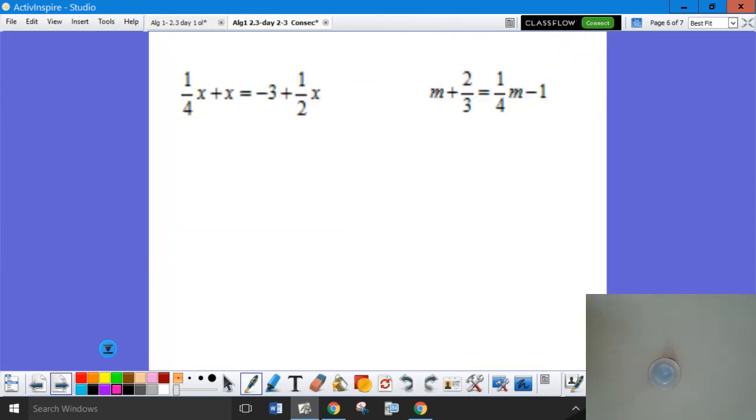Okay, so I'm going to give you a second to think about what's my common denominator of 4 and 2. Okay, so how many of you came up with 4 as your least common denominator? How many of you came up with 8?